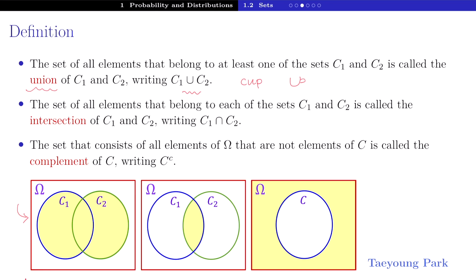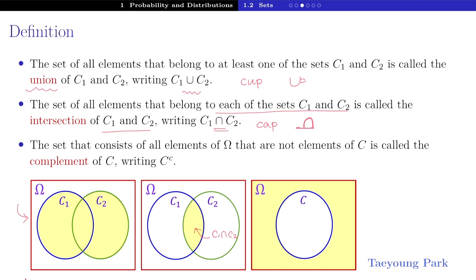The set of all elements that belong to each of the sets C1 and C2 is called the intersection of C1 and C2, which is illustrated as the common yellow area in the second Venn diagram. The notation for the intersection is called a cap because it looks like a baseball cap.